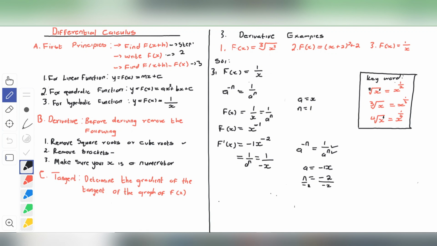Negative divided by negative. Therefore, we're going to have negative into negative 2, right? So this one is negative n, which is this one. You can see that we have negative n, and our negative n is equal to 2, right?